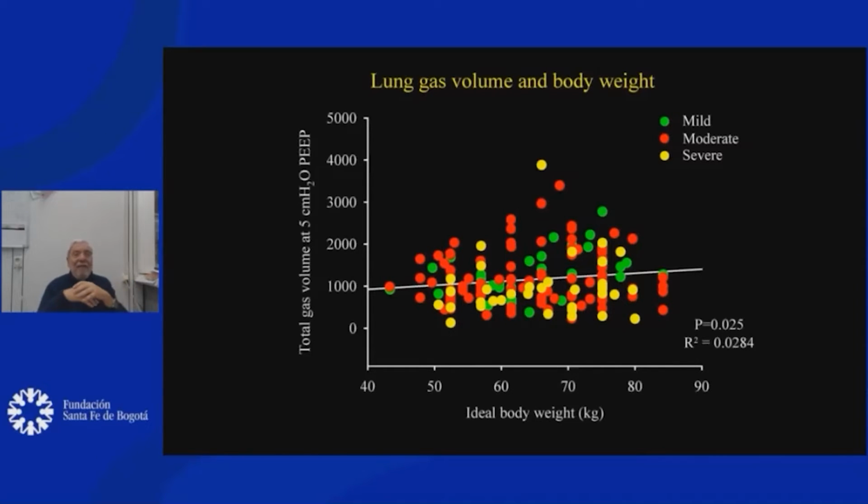That means if I have a 70 kilo man, a tidal volume is 6 per kilo, so tidal volume is 420.